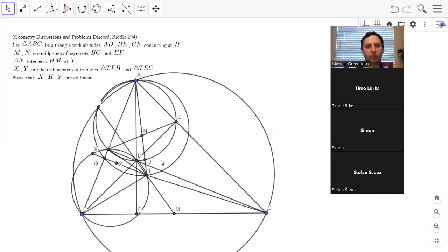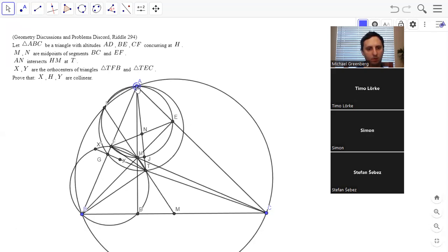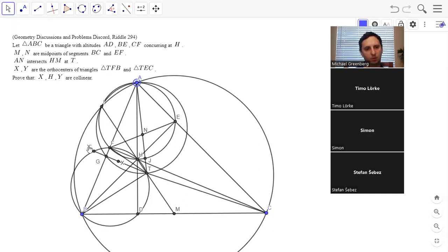Yeah, so how do we use that X as the orthocenter? That's the key. I don't know if there's anything special about X prime.